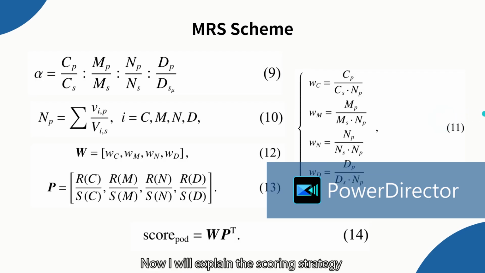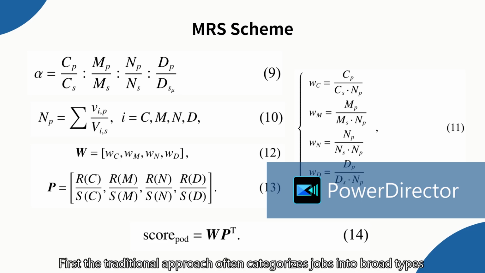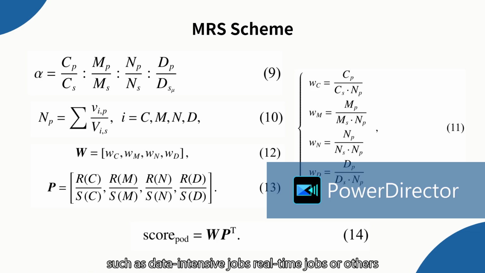Now I will explain the scoring strategy based on pod resource requirements in the MRS scheme. First, the traditional approach often categorizes jobs into broad types, such as data-intensive jobs, real-time jobs, or others. However, in complex ICA scenarios, this approach is insufficient as the resource demands of pods vary significantly.